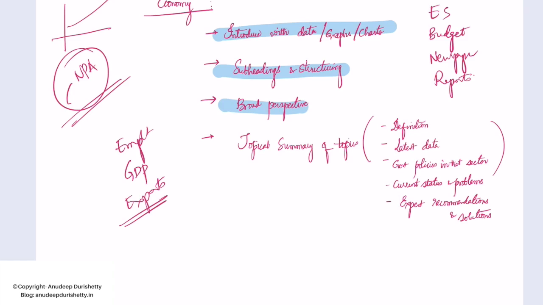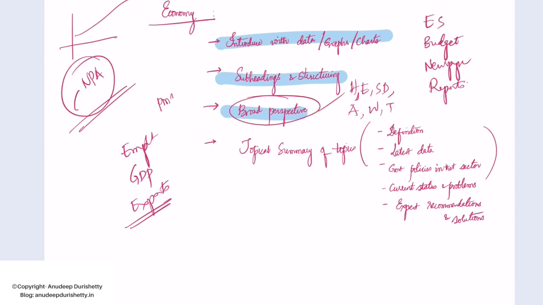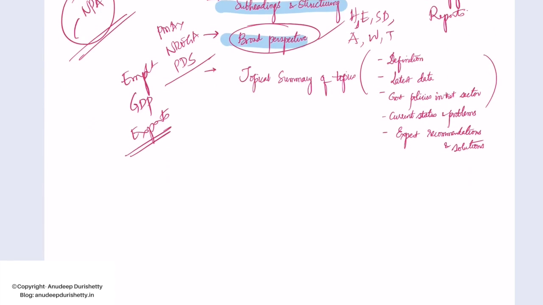If a question comes on broad topics such as inclusive growth, instead of writing a long paragraph on one or two segments such as health or education, try to incorporate diverse categories such as health, education, skill development, agriculture, women, tribals, financial inclusion, etc., mentioning the relevant government schemes in these areas such as PMAY or e.g. NREGA and PDS, etc.